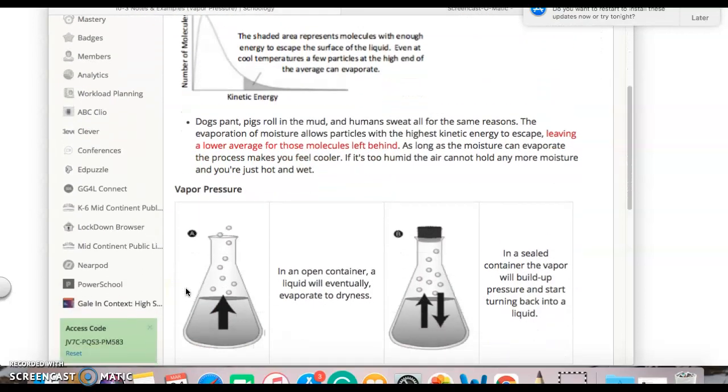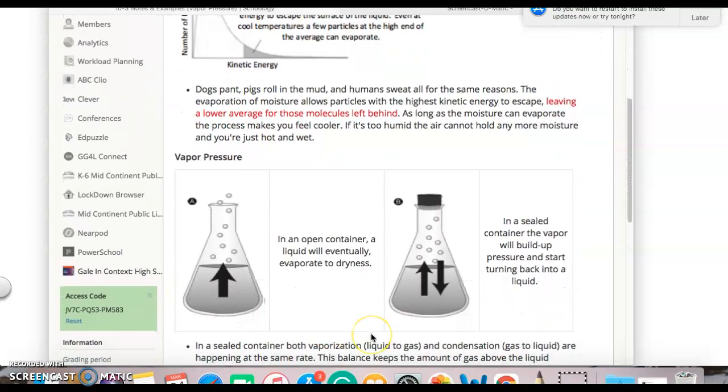So how does that relate to vapor pressure? On the left here, we have an open container, and eventually all of the molecules on the surface are going to evaporate off, and that would leave our flask dry.